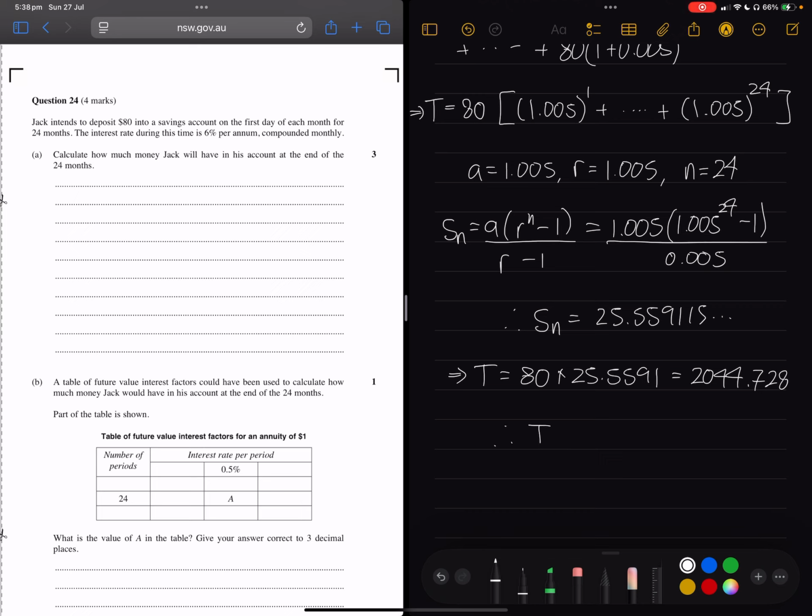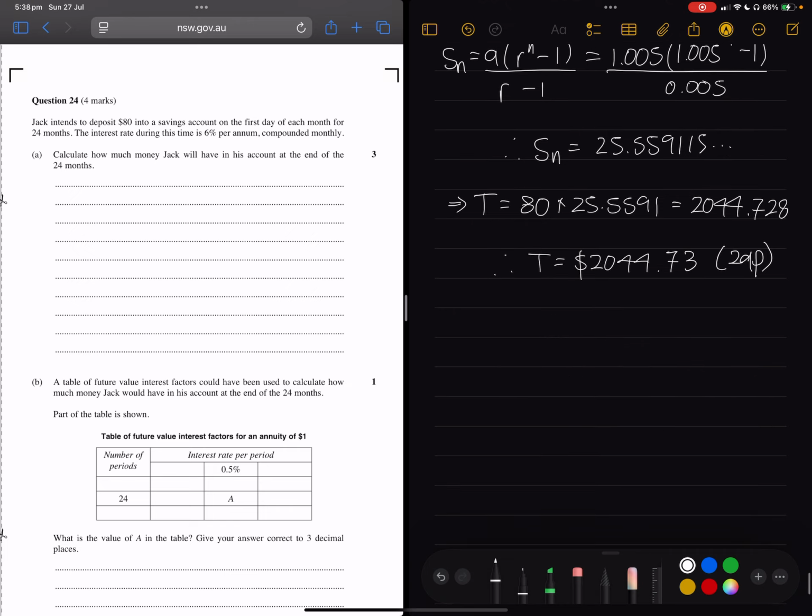So therefore the total amount is going to be $2,044.73 to 2 decimal places. 2 decimal places is the correct rounding because this is dollars and cents. So unless you're told to the nearest dollar, whenever money is involved, dollars and cents is the appropriate rounding. So this is part 1, part A.